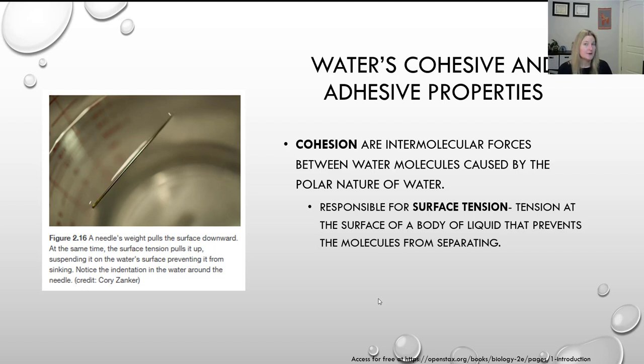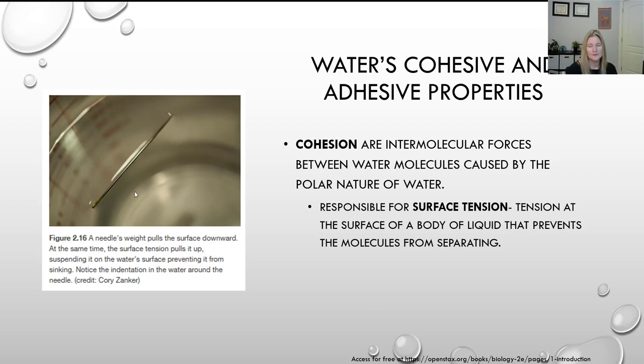Another unique property of water is that it has cohesive and adhesive properties. Cohesion is when we have water molecules attracted to each other, and that attraction allows them to stick together.